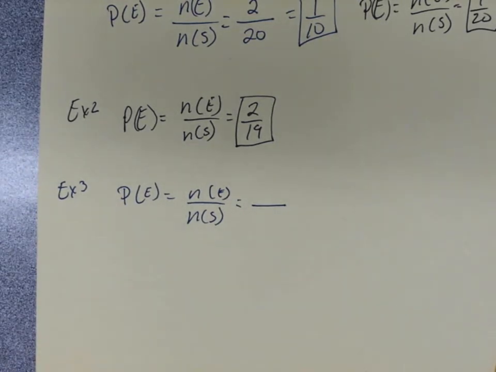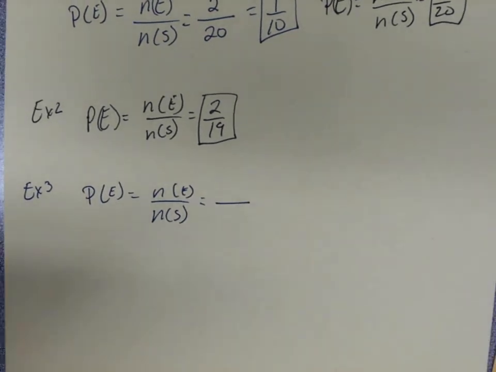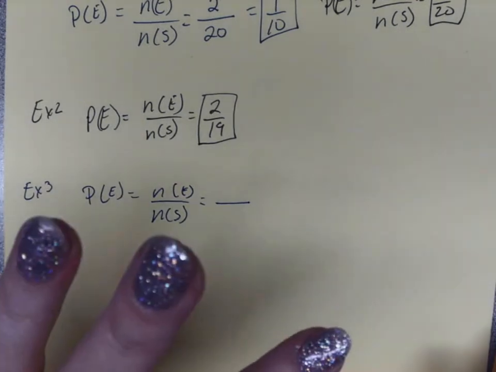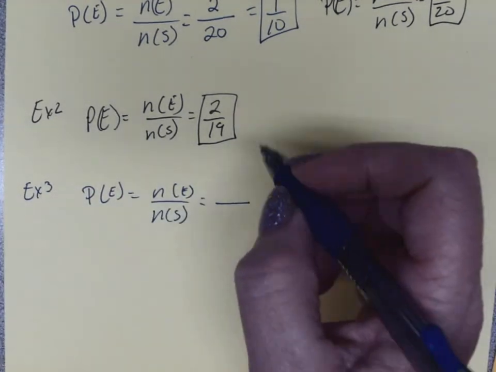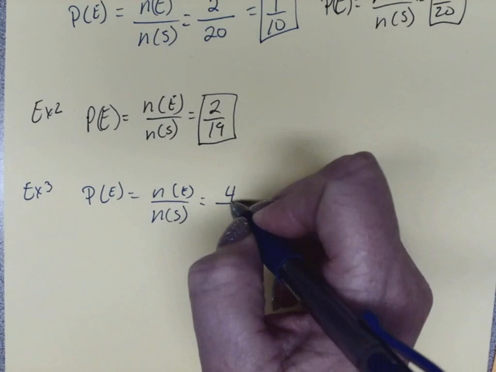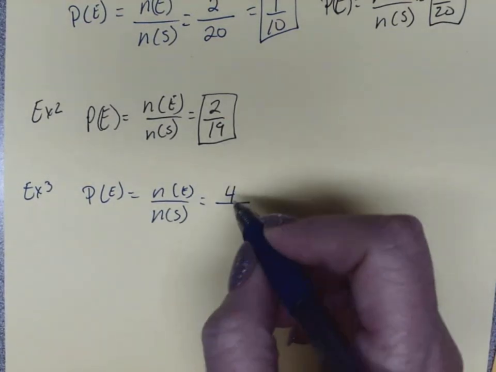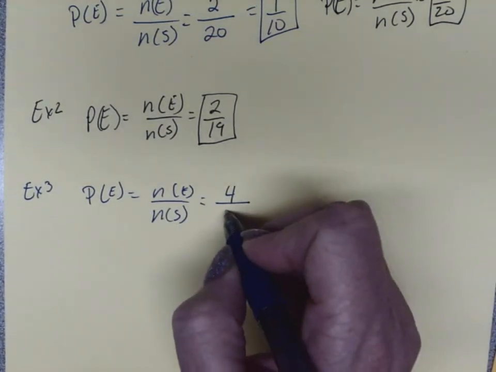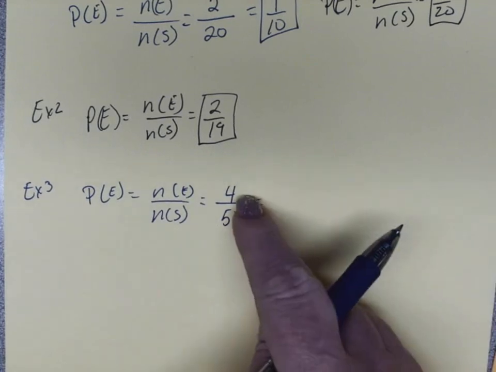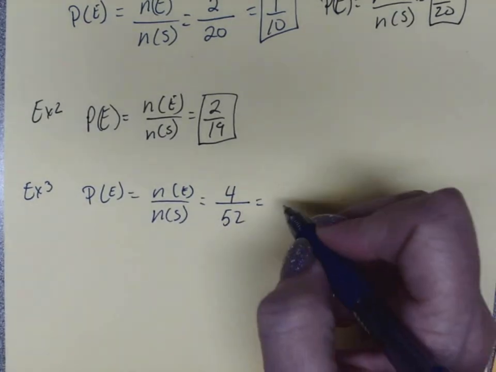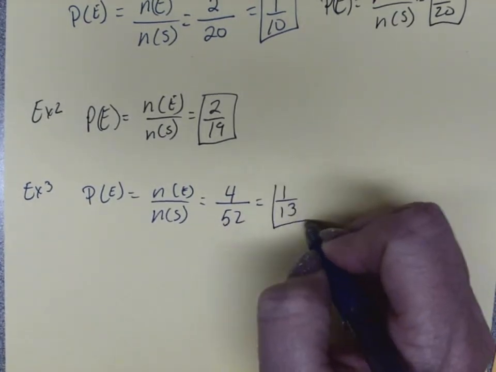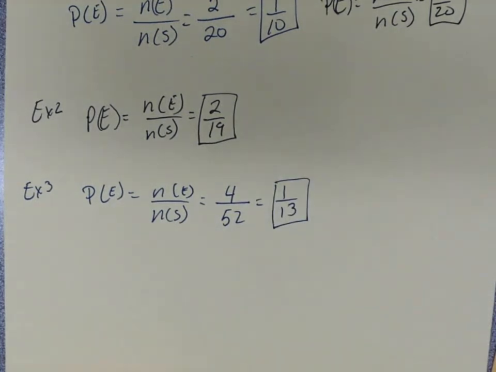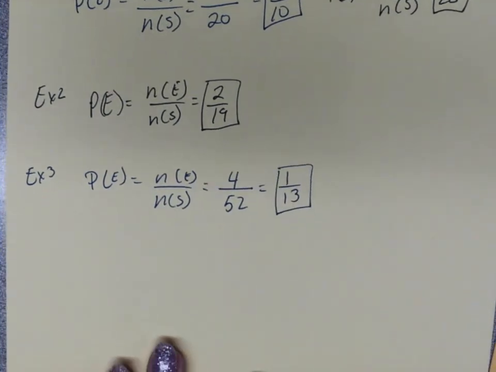Well, there's 1 8 in each suit. There's 4 suits, so there's going to be 4 8s. So there will be 4, and the total number of our sample space is 52 cards. 52 divides by 4, so we'll end up with 1 out of 13 as the probability of drawing an 8.